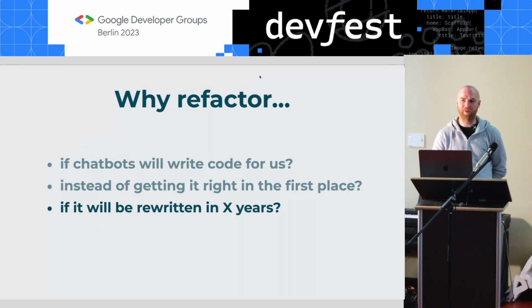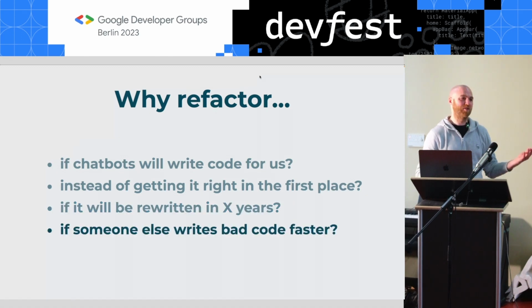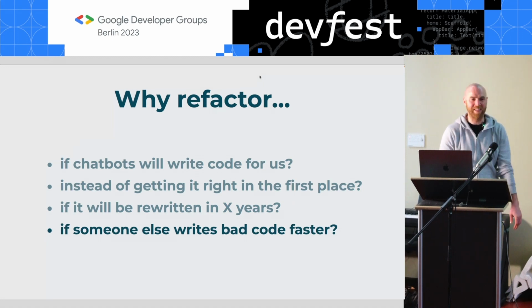In practice, maybe it's a vicious circle, a feedback loop: if we had better refactoring tools and approaches, then maybe we wouldn't have to rewrite software every few years. And there is also a more social question of why refactor if someone else writes bad code faster, like chatbots or your colleagues.